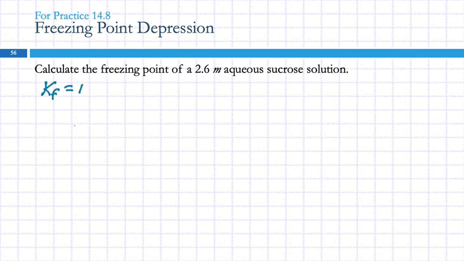Before I forget it, 1.86 degrees Celsius per molal. That's from the table in the previous slide. Our equation is that the change in the freezing point is equal to the molality times the freezing point depression constant.